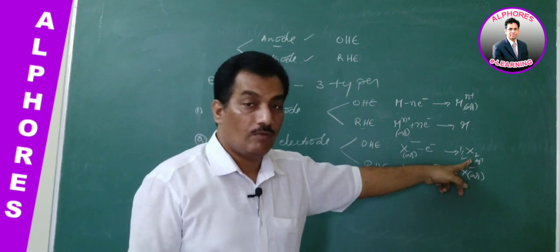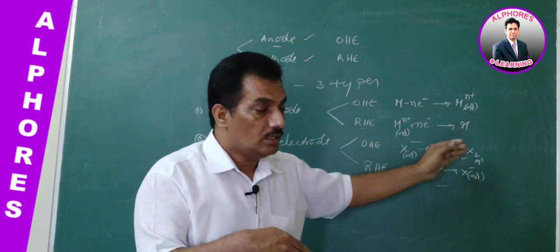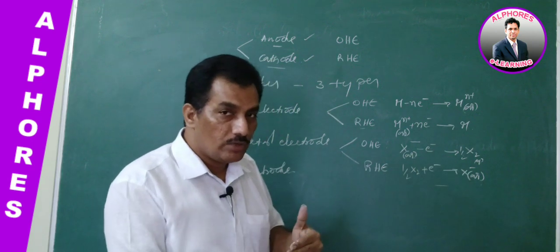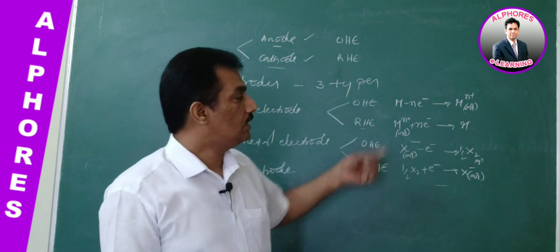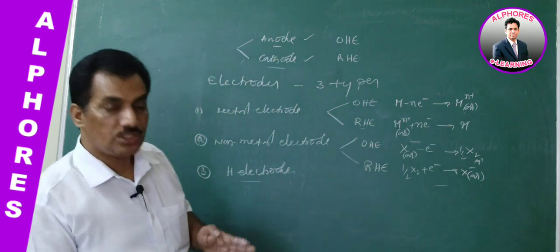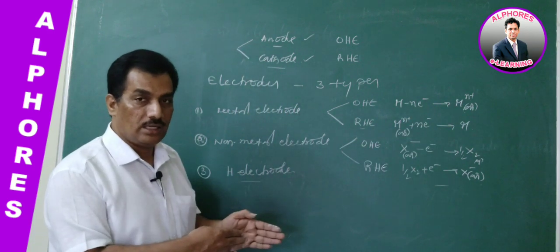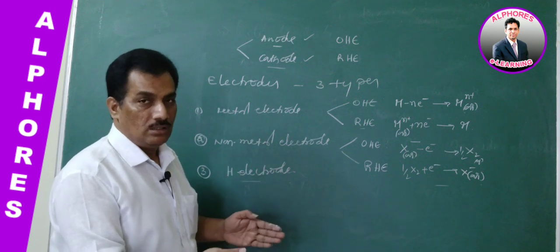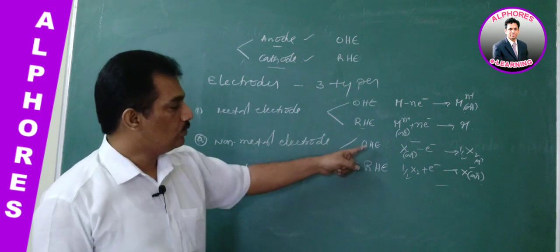It is reversed. Why am I explaining this? Because in the coming days, when we are solving questions, we have to consider whether the ionic form is existing on the product side or on the reactant side. Then only you can easily solve the questions. That's why I am asking you to remember.